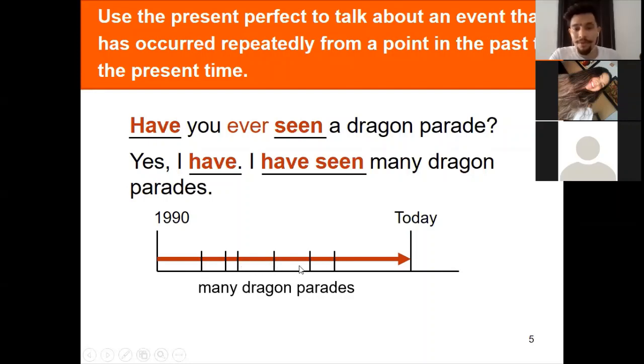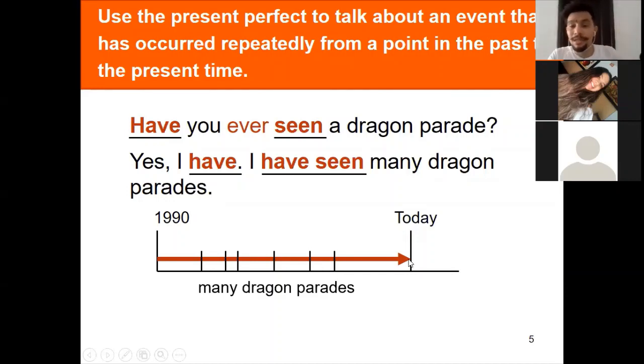So why do you see dragon parades? In this case, you see them because you like them, for example, right? I'm just speculating a little bit, but maybe because he likes them, that's why he repeated it many times. He didn't see them in 1990, but maybe he saw the first one in the past, in 1992, then in 1997, then in 2010, then in 2015, then in 2016, then in 2019, right?